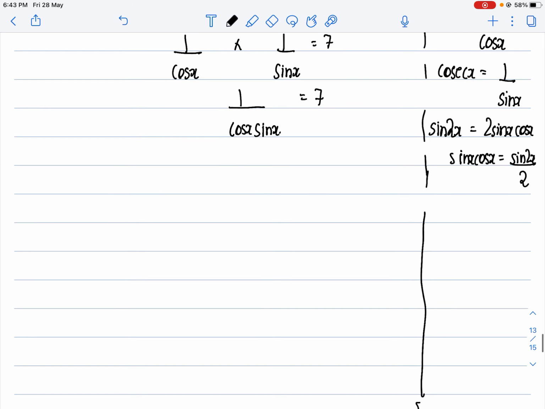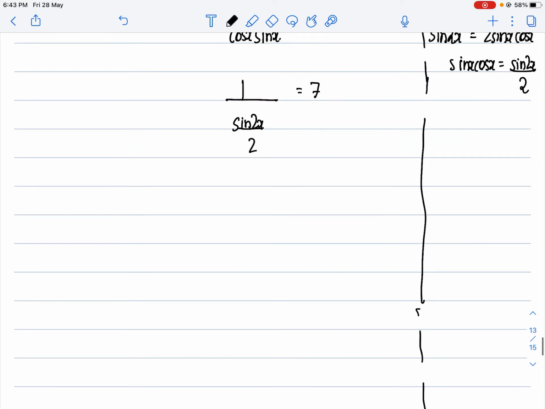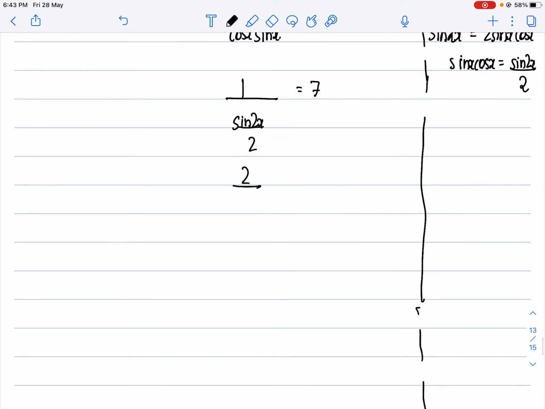So I can write this as 1 over sin 2x by 2, which is equal to 7, which I can write as 2 over sin 2x equals 7, which I can simply write as sin 2x equals 2 over 7.